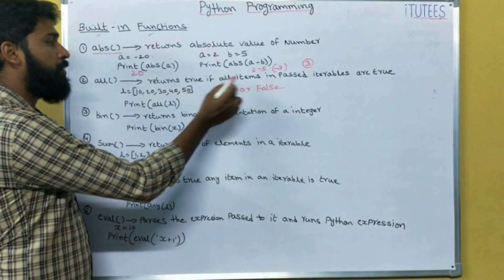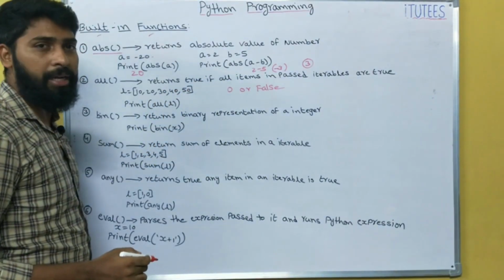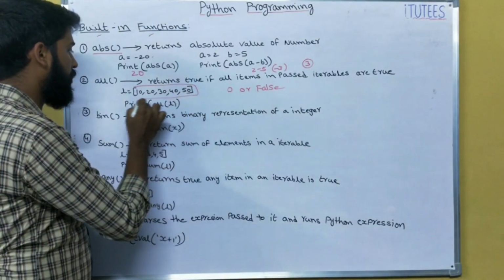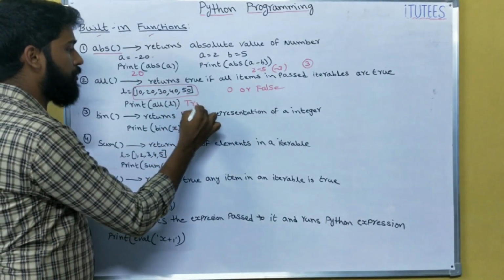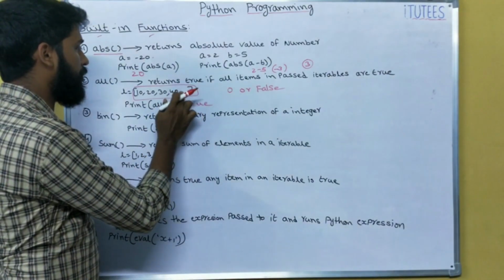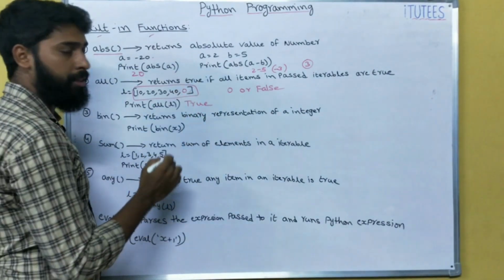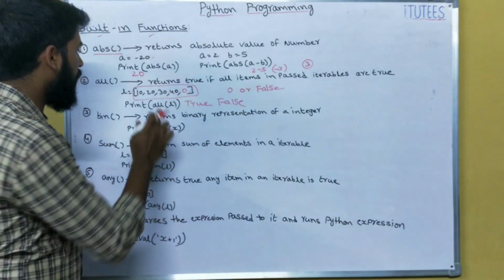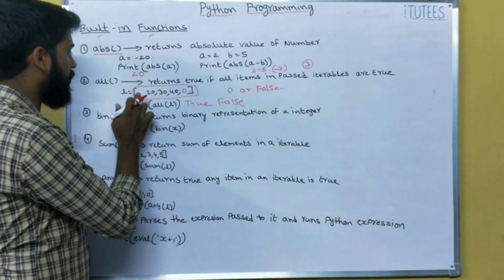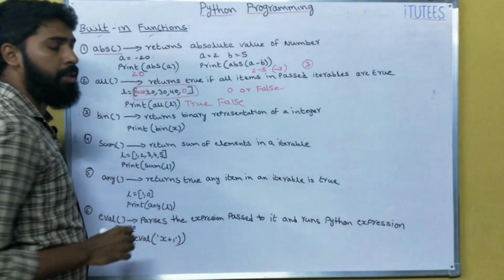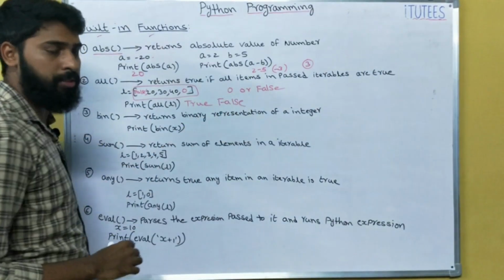It returns true if all items in the passed iterable are true. Here all are true, so print returns true. If I change this 50 to 0, then it returns false. Or you can change it to False also, then also it returns false.